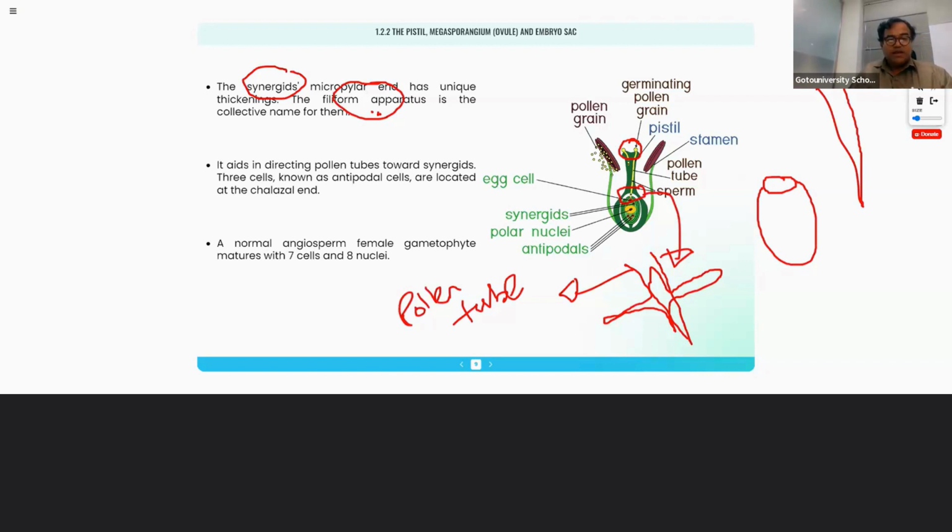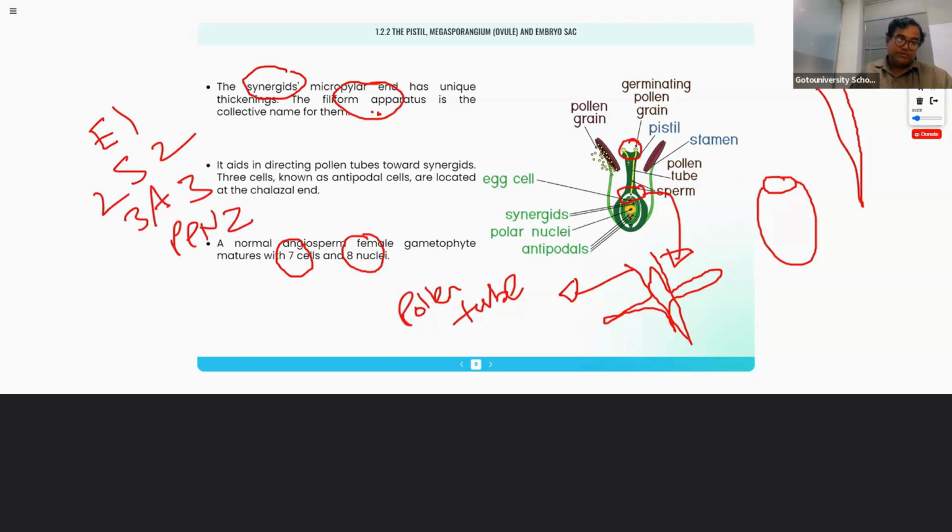Now, I already told you many times, 7 cells and 8 nuclei are present. Here one egg has one nucleus, the 2 synergids have 2 nuclei, and the 3 antipodals have 3 nuclei, and the primary polar nuclei are 2 in number.